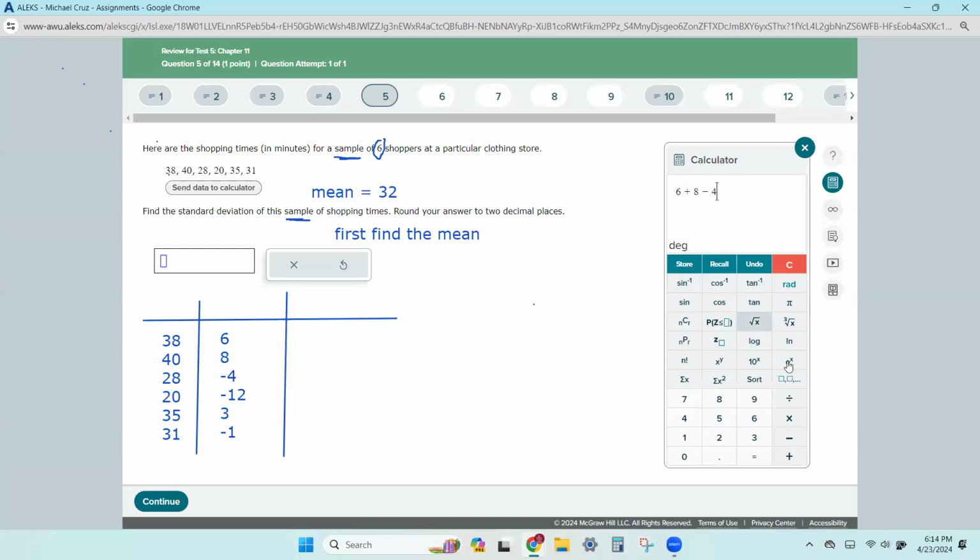So 6, 8, negative 4, negative 12, plus 3, negative 1. So that's 0. So we're all right. That's good. Now we got to square each one of these.